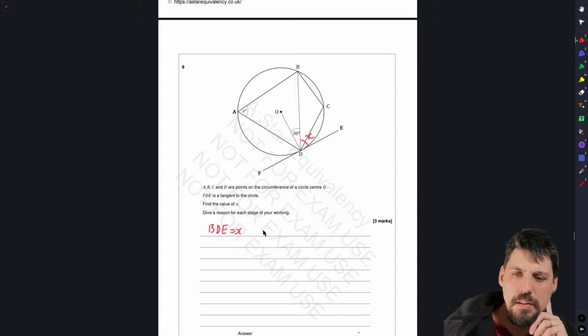BDE is x, alternate segment. ODE is 90 degrees because a radius and a tangent are perpendicular.